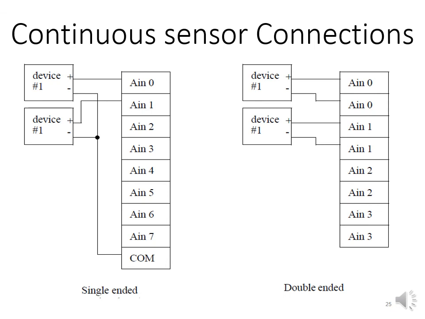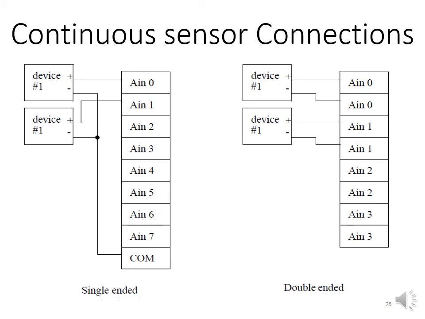Continuous sensors are connected to receiving circuits using either the single-ended connection or the double-ended connection. In single-ended connection, the return wires for all the sensors are connected together and to a common point on the receiving circuit.